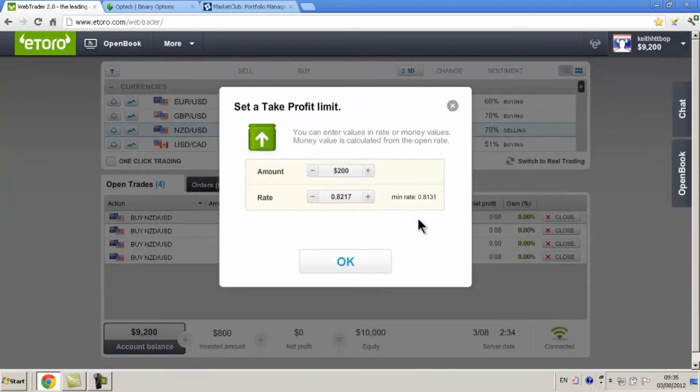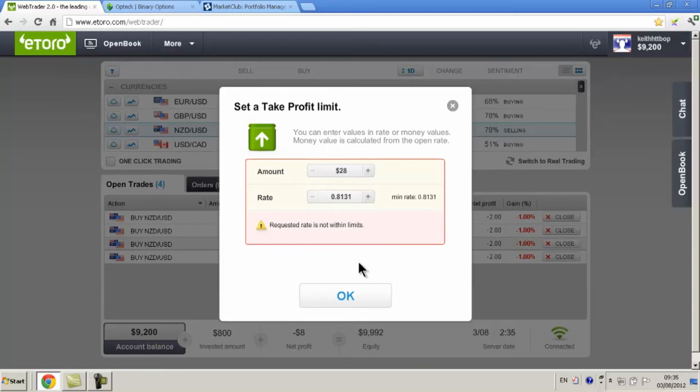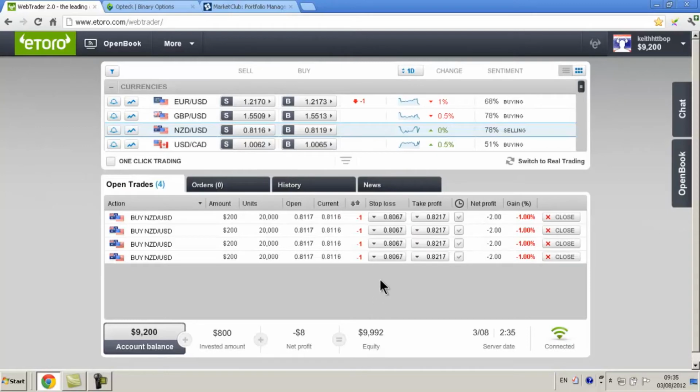So I'm pressing on take profit, and in here I want to put $24. Okay, the minimum amount is 28. No problem, 28.